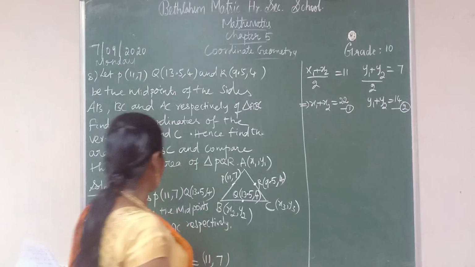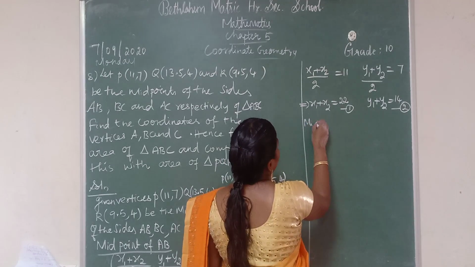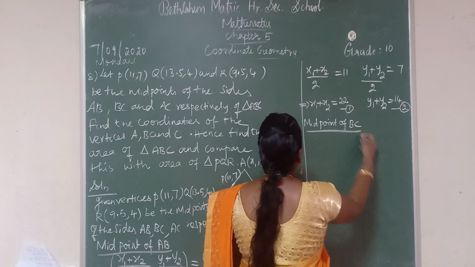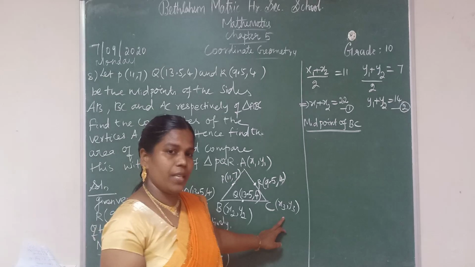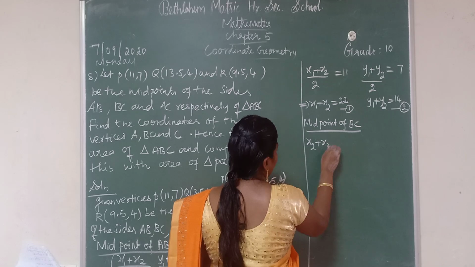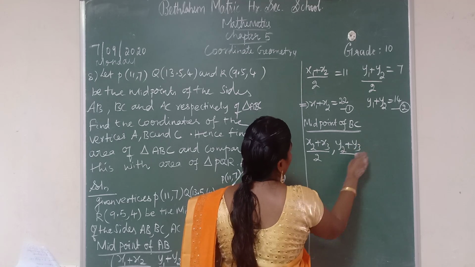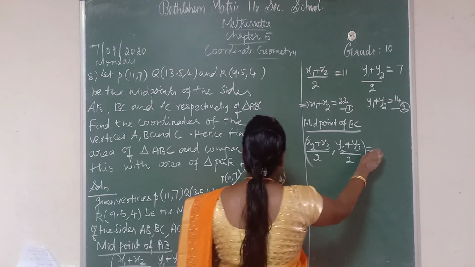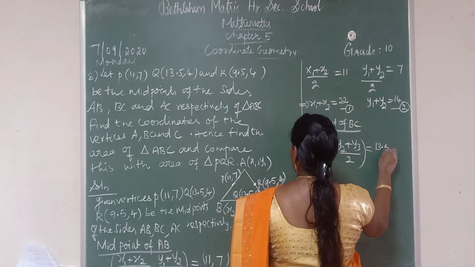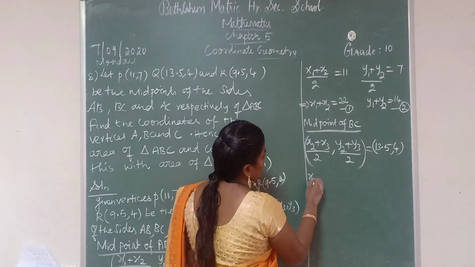In the same way, let us find the midpoint of BC. Here B is (x2, y2) and C is (x3, y3). Using the midpoint formula we get ((x2 plus x3) by 2, (y2 plus y3) by 2) is equal to the midpoint given for side BC, (13.5, 4).